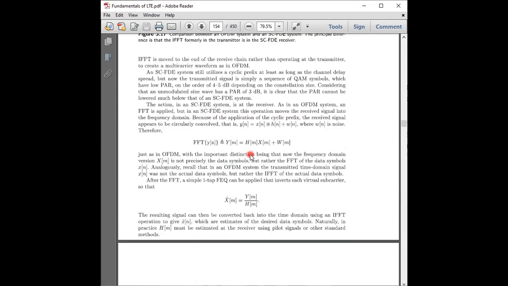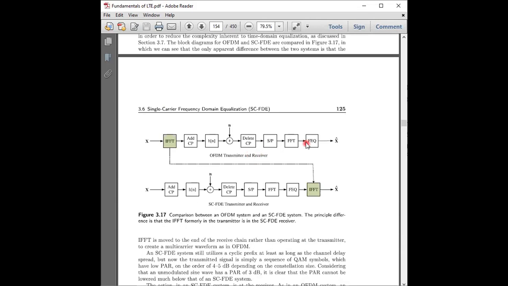Remember this particular diagram: in the case of OFDM, the equalization here was not on the time domain data. Here you converted the data from linear convolution to circular convolution, then you took an FFT, but actually the data is in frequency domain entirely here, and once you did the FFT, it's once again in time.